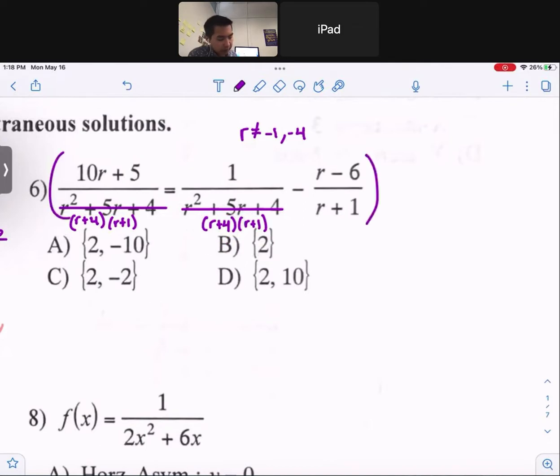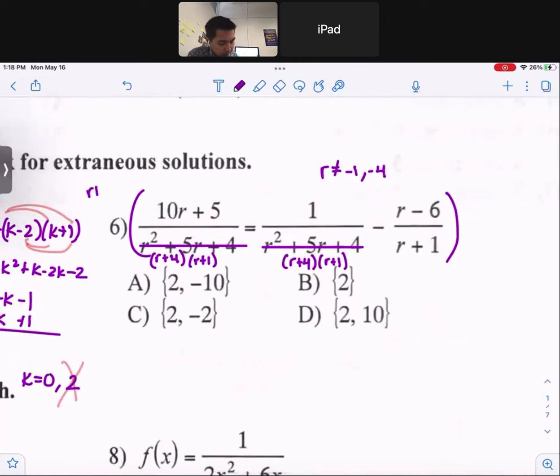So multiply everything by the LCD, which is r plus 4 times r plus 1. The reason we're multiplying by the LCD is so that we get rid of all of the denominators. So r plus 4 times this, all of these cancel, so all that's left is the 10r plus 5 up top.